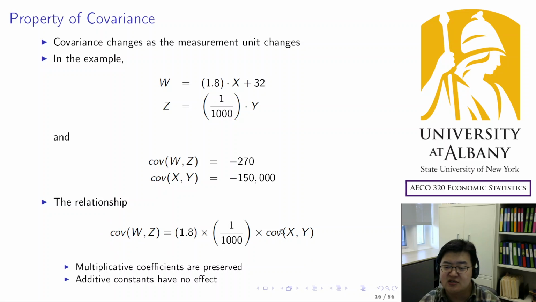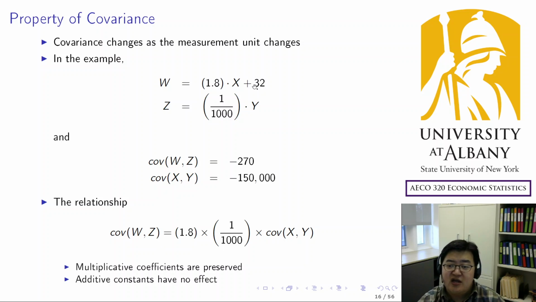The relationship is determined by those multiplied coefficients. In the first linear transformation, 1.8 is multiplied, so the covariance is affected by 1.8. And in the second transformation, we multiplied 1 over 1,000. That is also multiplied in the covariance. So multiplications do affect the covariance.